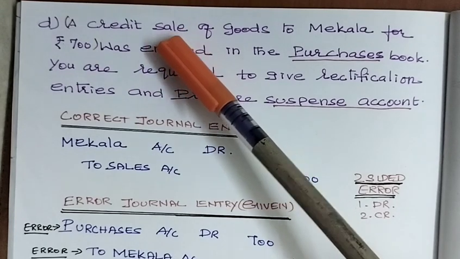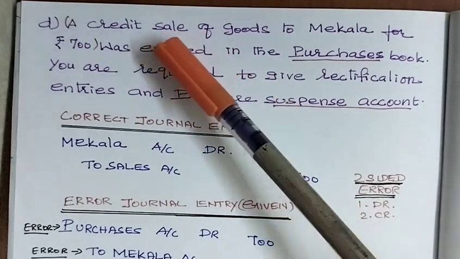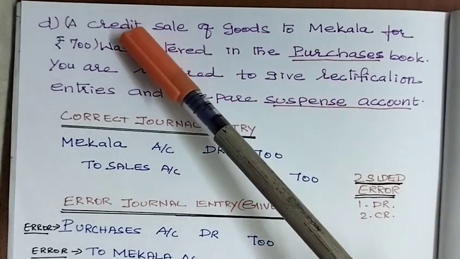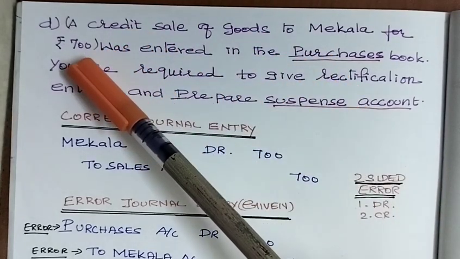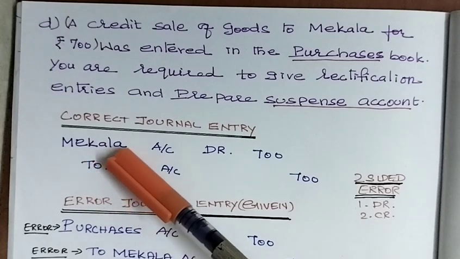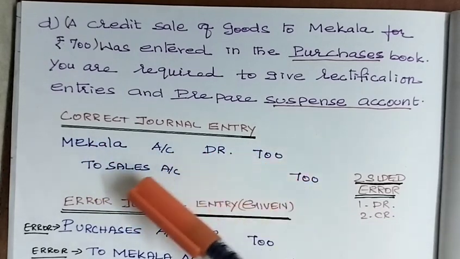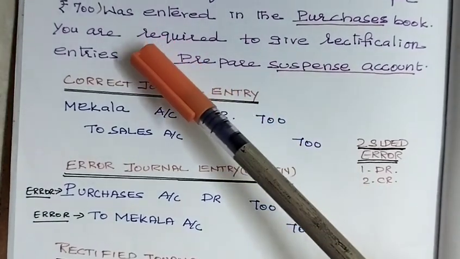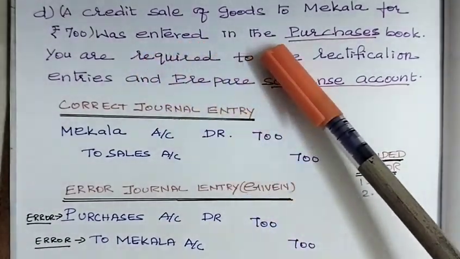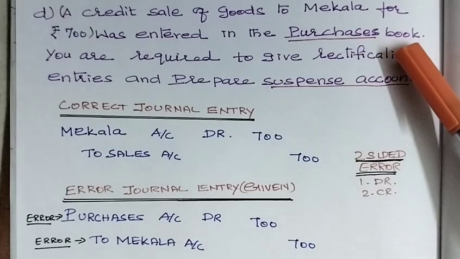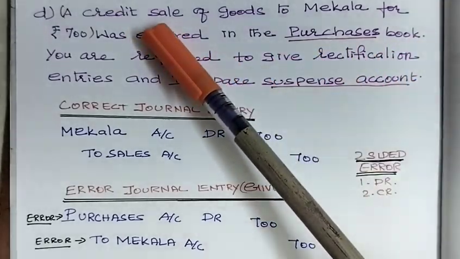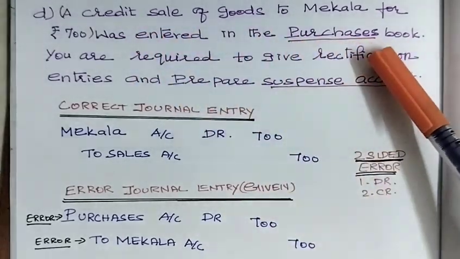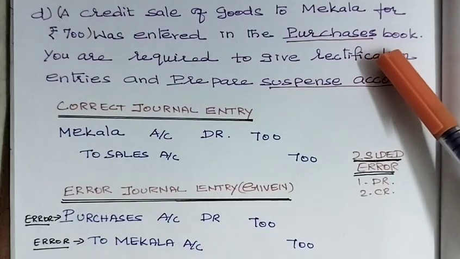You made sales to Mekala on credit for rupees 700. So the correct journal entry is Mekala account debit to sales account 700 rupees. It was entered in the purchases book. Instead of the sales book, you have wrongly entered it into the purchases book.